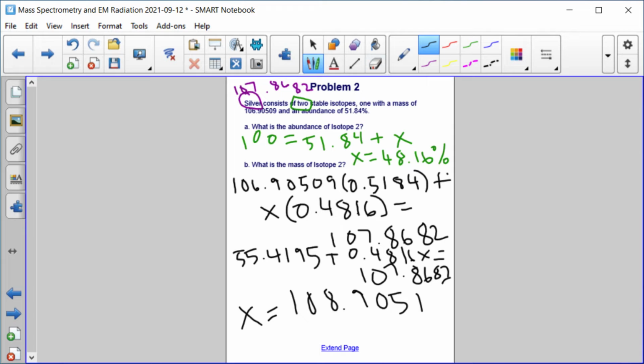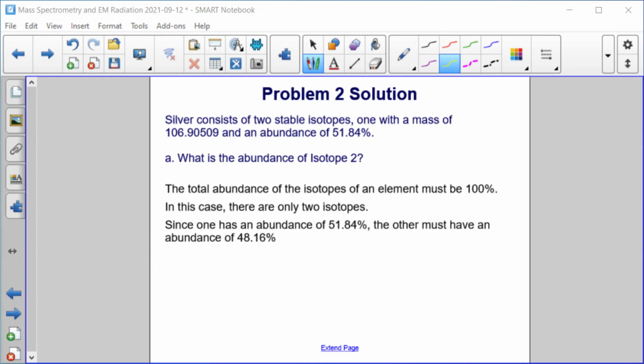So that answers part B, the mass of isotope 2, and the percent abundance in part A of isotope 2.